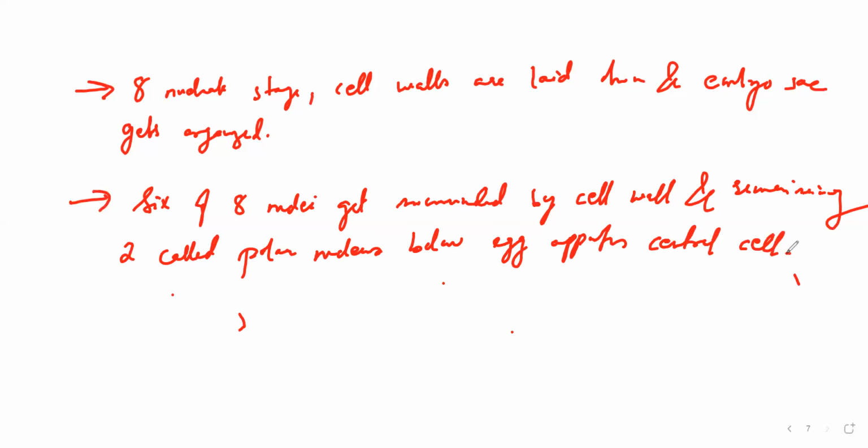Okay, so of the 6 cells which are there, 3 of the 6 cells are placed at one end, which is the micropylar end.